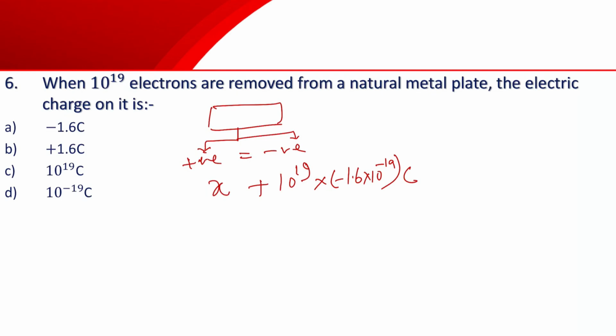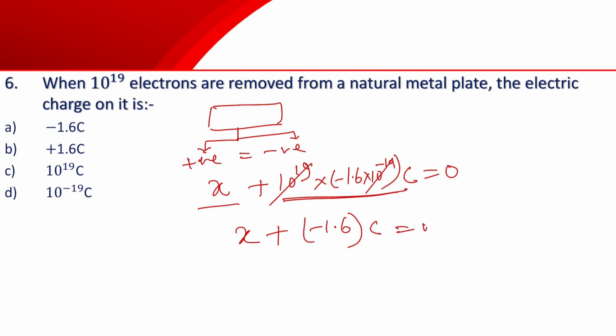So how much charge is left? Let x be the charge left. But x plus this removed charge will be total 0, because the metal is neutral, it is given in the question. So x plus minus 1.6, because this and this get cancelled, minus 1.6 coulomb, equals 0.